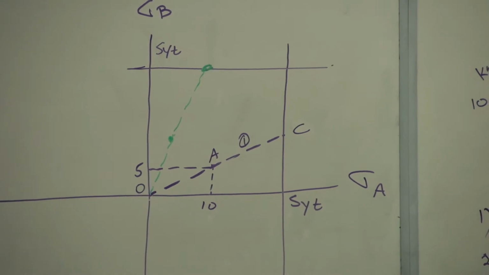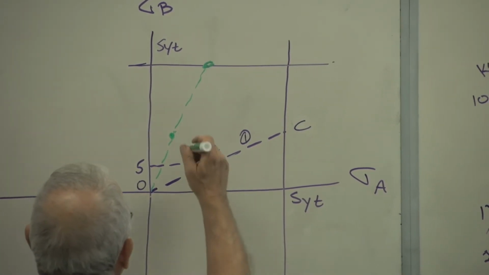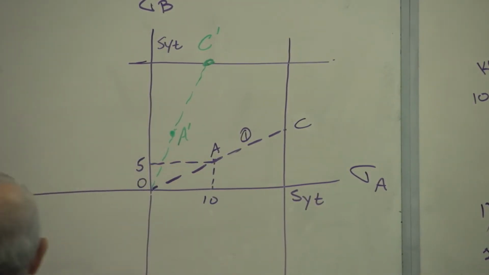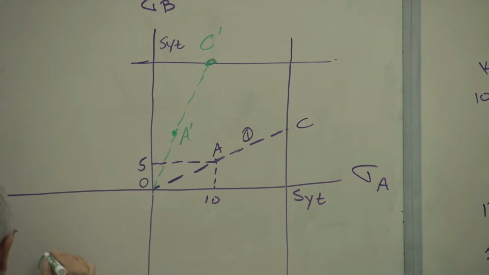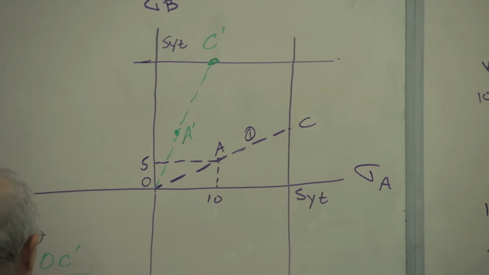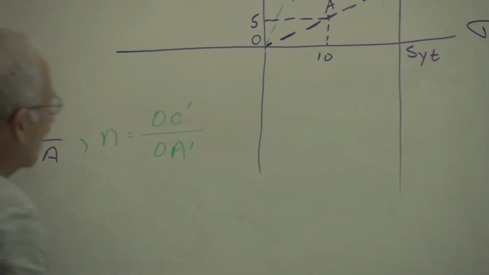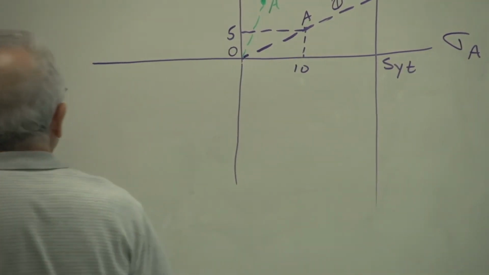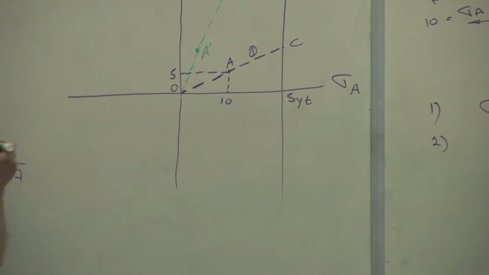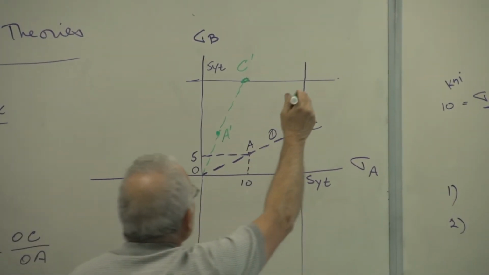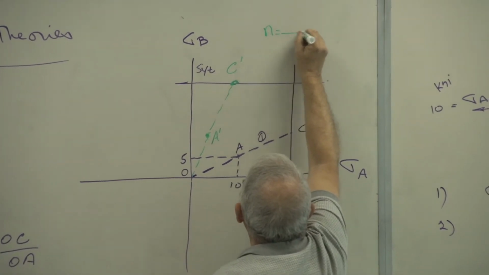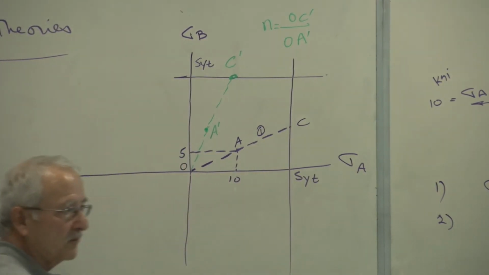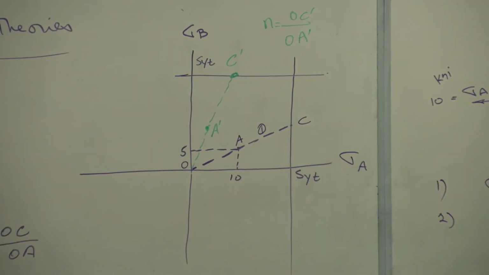And the factor of safety in that case then, actually, I need that space there, so I'm going to erase that and put it someplace else. The factor of safety will be equal to, I'll put it up in here, n equals OC prime over OA prime. Any questions?